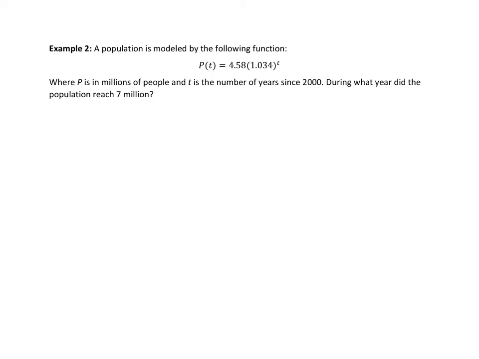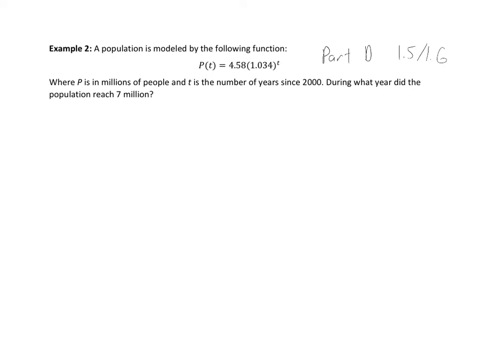Okay, so why are those useful? And I'm going to give you a little hint. This specific example is going to go with part D from your written assignment, that 1.5/1.6 assignment. A population is modeled by the following function. P of t equals 4.58 times 1.034 to the power of t.